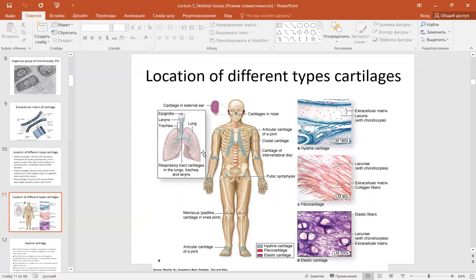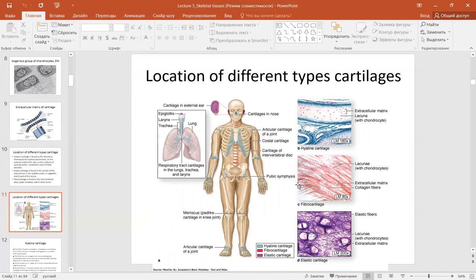Here we have the location of the hyaline cartilage, which is depicted with the blue coloration, at the interface between the ribs and the sternum, epiphyseal parts of the long bones, and articular cartilage of the joints.